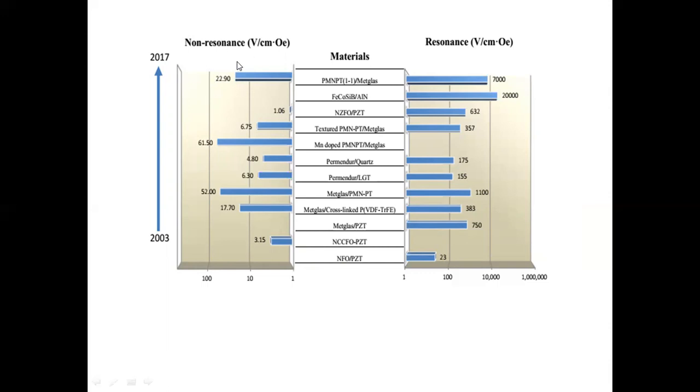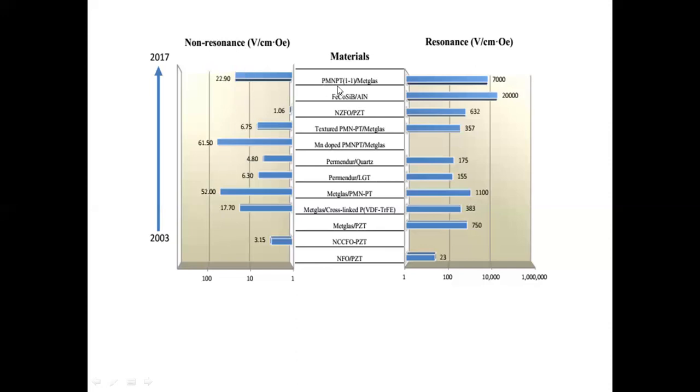On the left-hand side are the non-resonance values. That means when the applied frequency is below or above the resonance value, the measured values of the ME coefficient are given here.